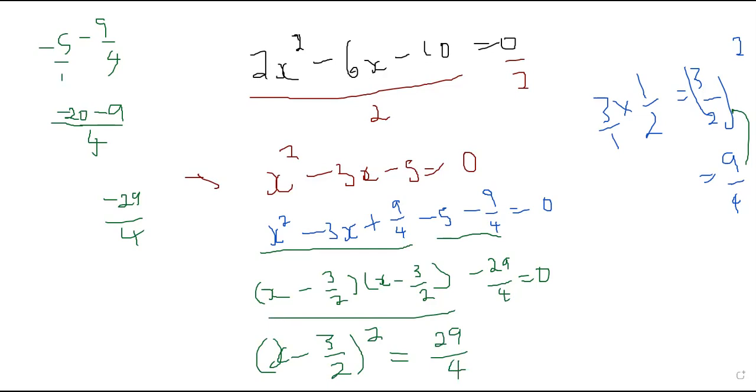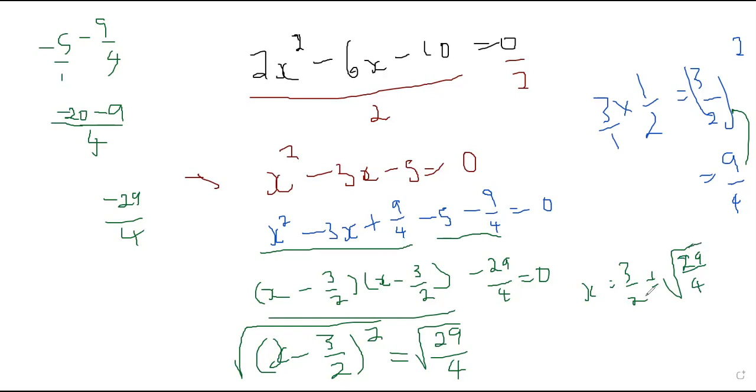Right? So from here, what do you do? Square root. Square root. So this will be x is equal to 3 over 2 plus or minus root 29 over 4. Because this is not a perfect square root, right?